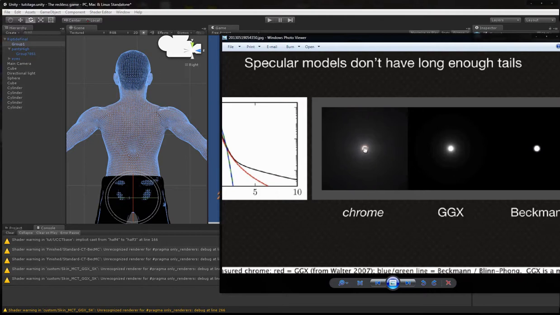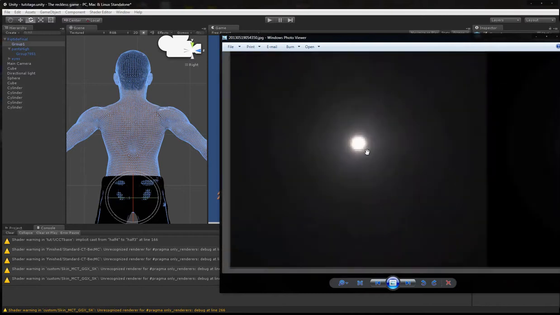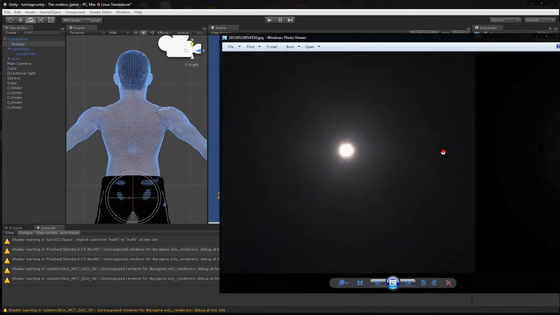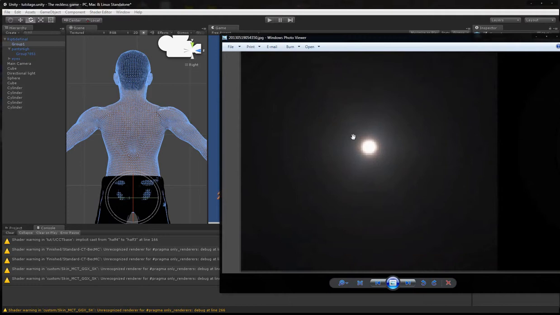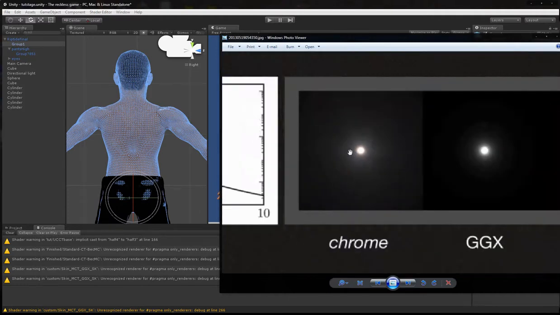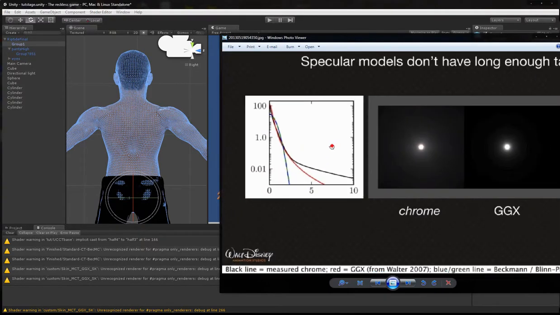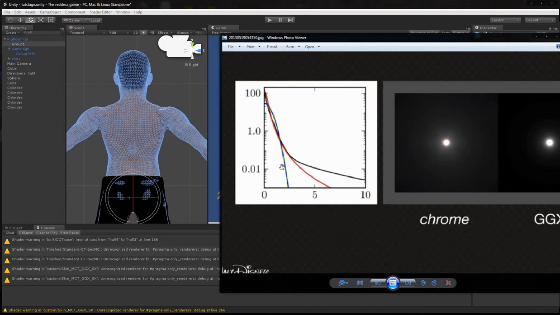You may also notice that the actual reflection is kind of star shaped. And also the reflection is reddish colored compared to GGX. There's a reddish hue here and then kind of a bluish here around there. That probably has something to do with the light scattering during the reflection.